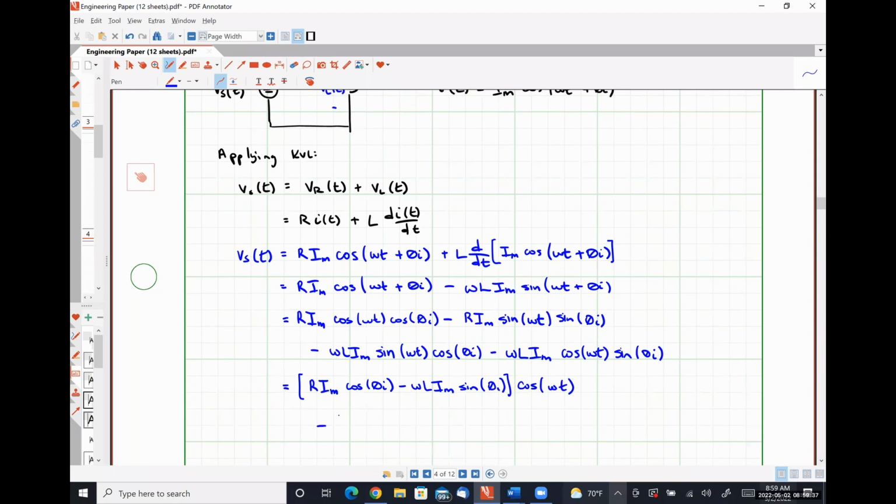And then I have, I believe, minus R Im sine theta I plus omega L Im cosine theta I times sine omega t.